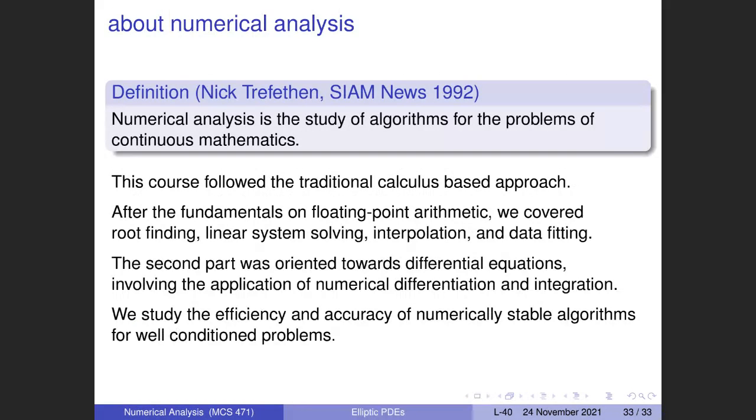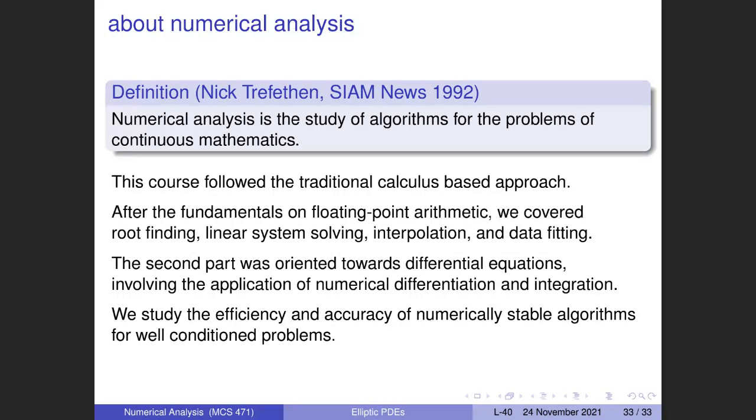So what we need to really remember of this course is that numerical analysis studies algorithms for continuous mathematics. It is at the intersection of computer science and mathematics. If one does not understand the mathematical theorems, then one cannot get accurate results.